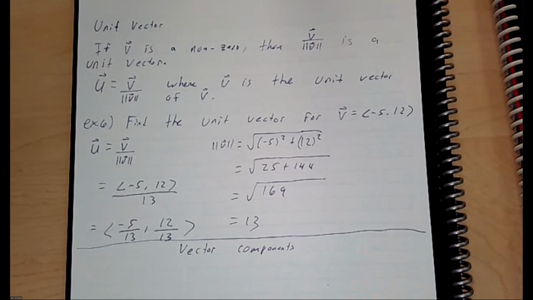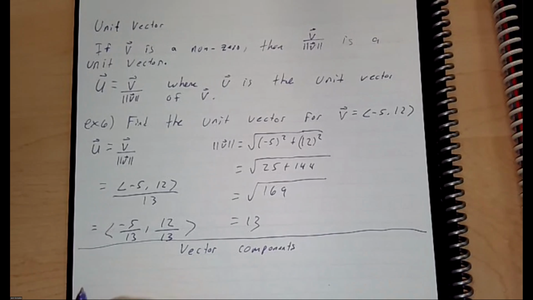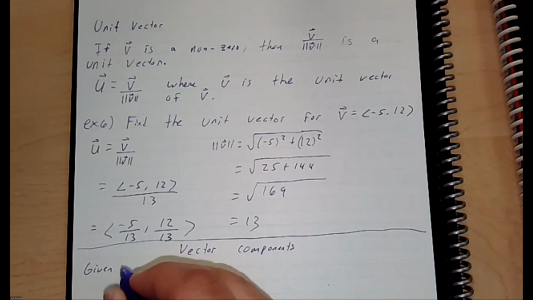So a lot of the time you don't have the original vector. If you had a real life problem, you might have forces coming in different directions. If you have force coming along the horizontal, then you can use your x components to find the x part. So let me give you the formulas first.